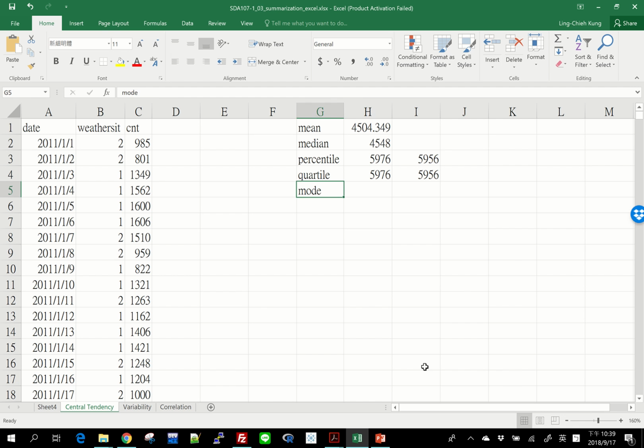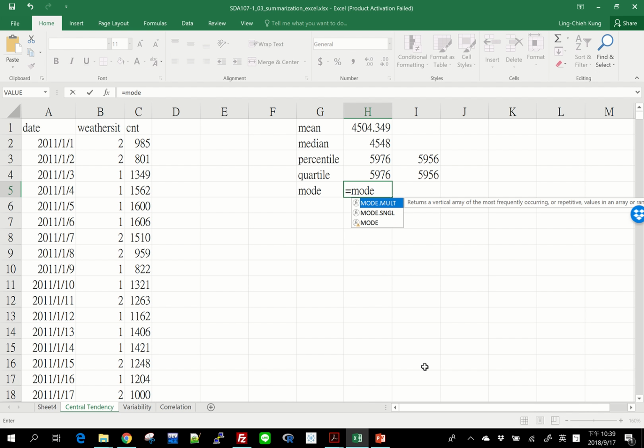Last one, we have mode. There is a function called mode, and again, there are two options: mode.mult, multiple modes, or single mode. The reason is the following. When we are trying to find the mode of a set of values, in many cases there are multiple modes. If we use the single version, we get one mode, one of them.